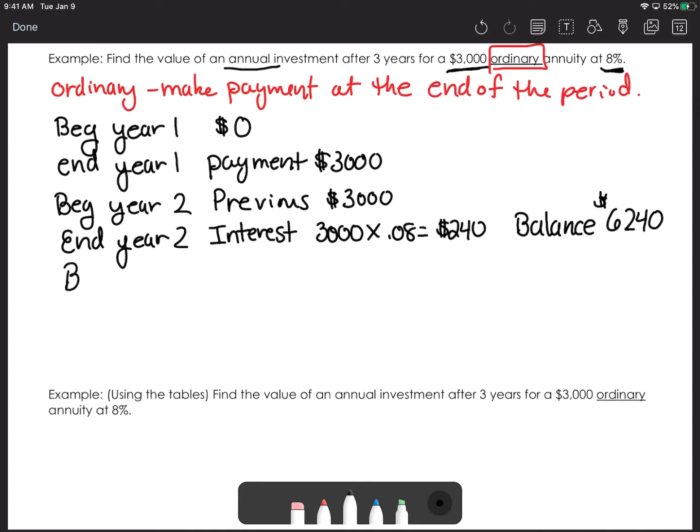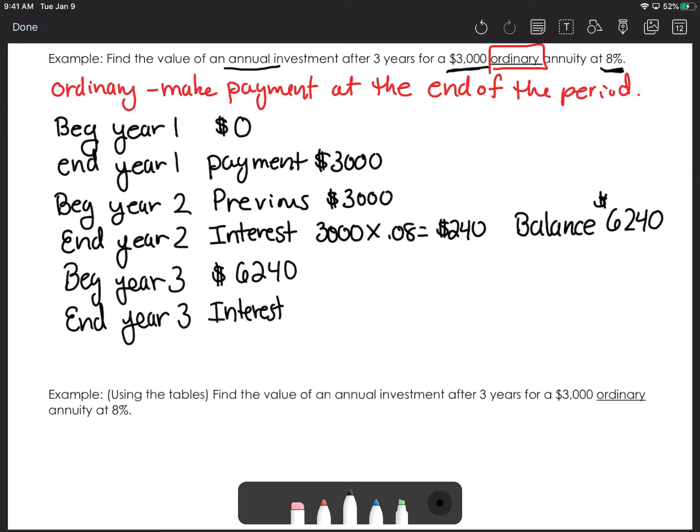So now at the beginning of year 3, we're going to have a balance of $6,240. At the end of year 3, we want to use our balance to calculate the interest. So the interest is going to be our previous balance times the 0.08, which would give us $499.20 for interest. But we also have the $3,000 payment that we make at the end of every year.